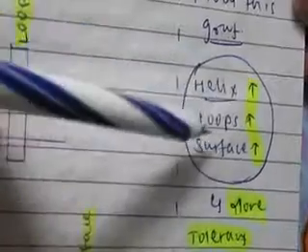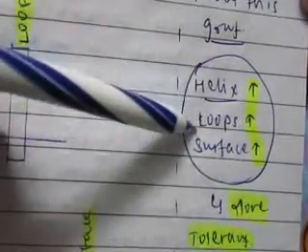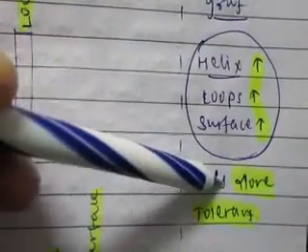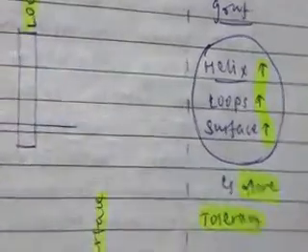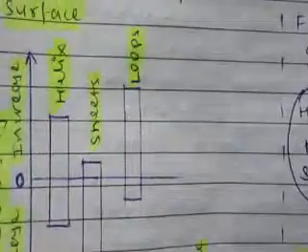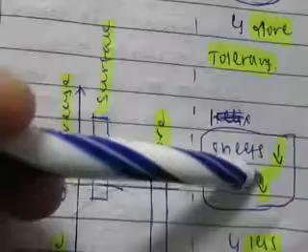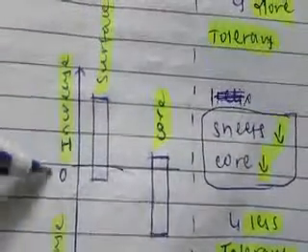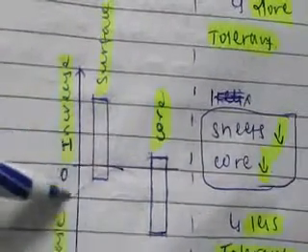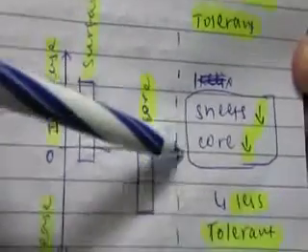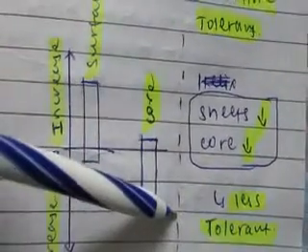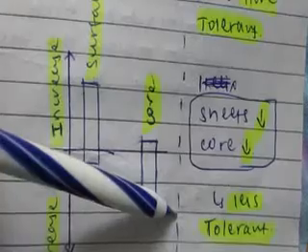That means these three forms are more tolerant, whereas from the graph we can see that sheets as well as core proteins show a decreasing sign, meaning they are below the 0 point. That means these two forms are less tolerant.